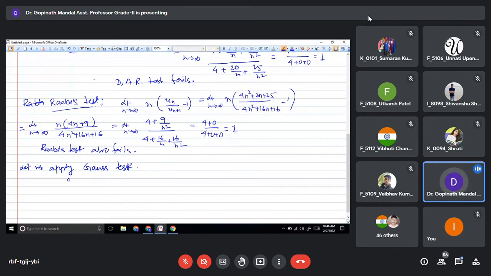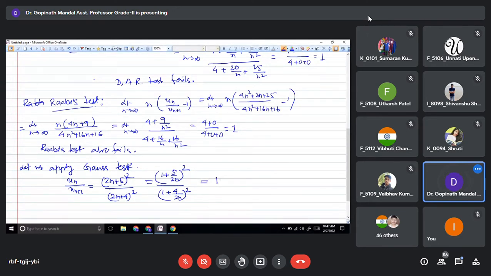So we have un by un plus 1. This is (2n plus 5) square by (2n plus 4) square. That means if we divide by 2n, this will be (1 plus 5 by 2n) square over (1 plus 4 by 2n) square.